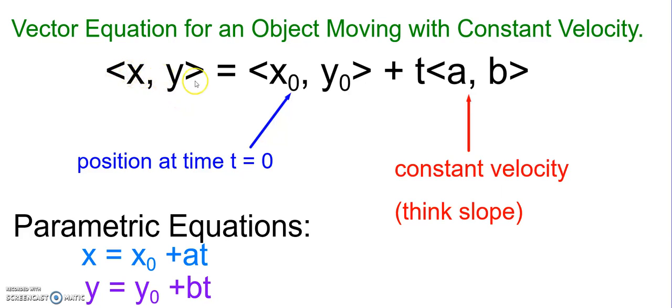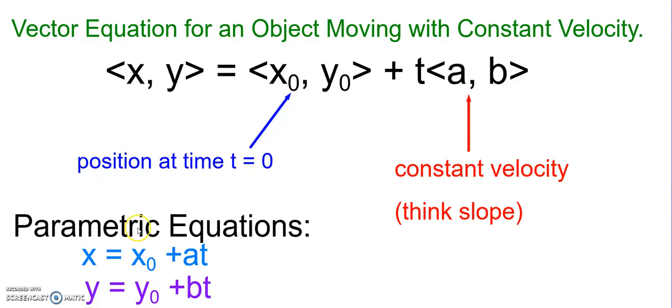So I have vector (x, y) equals vector (x sub 0, y sub 0) plus t times vector AB. This is my rate of change, so this is my slope. This is also the constant velocity. That's why slope is the rate of change. That's the velocity. This represents my position at time t equals 0.